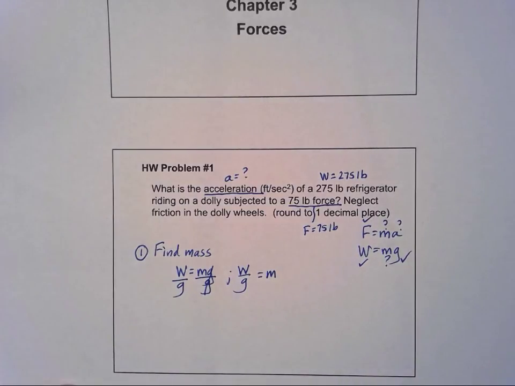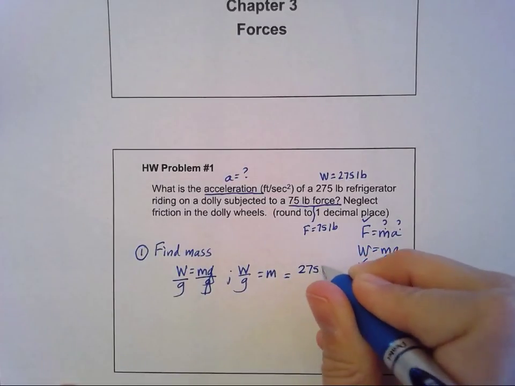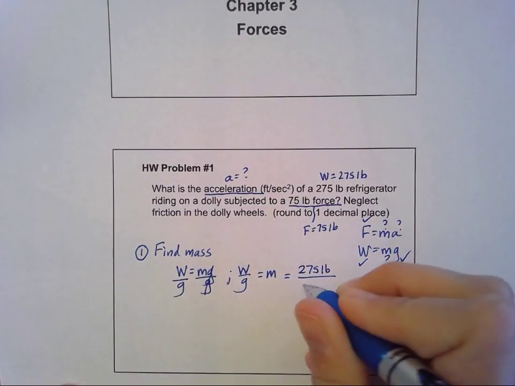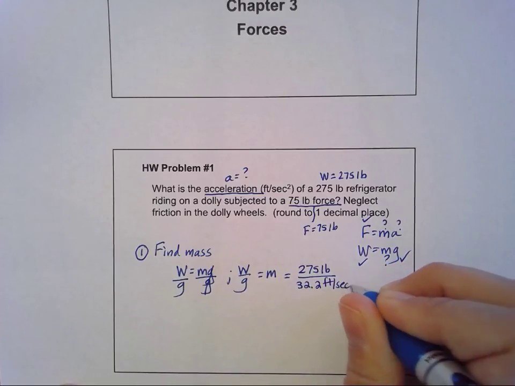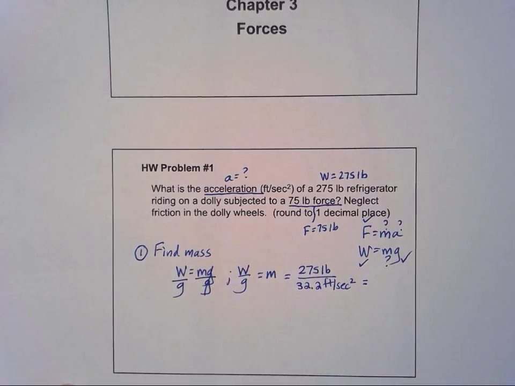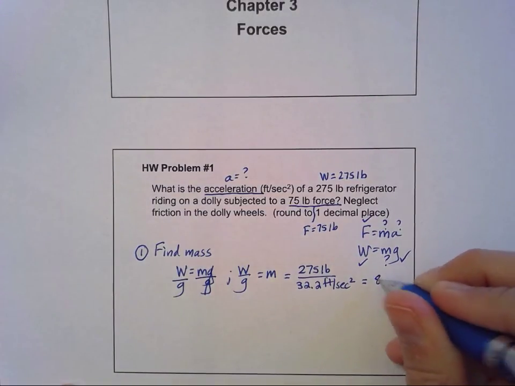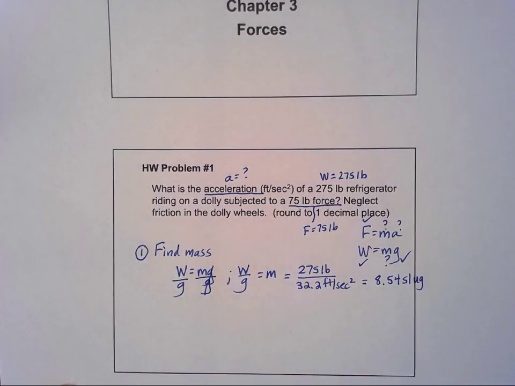Okay, and when we plug our numbers into that equation, our weight is 275 pounds over that 32.2 feet per second squared gravitational constant. And when we do that math, I'm going to go out to 2 decimal places for mass here, we wind up with 8.54 slugs. All right, so that's the mass of that refrigerator.